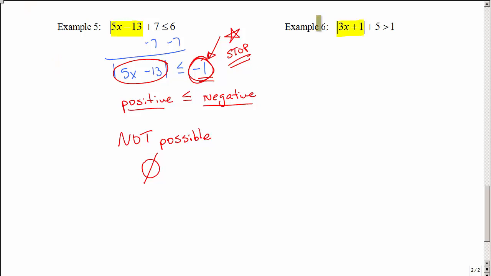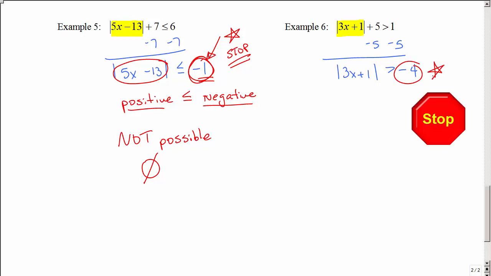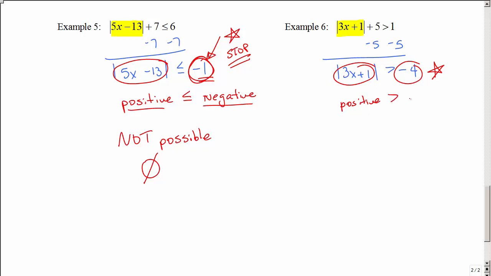Again, I need to isolate that absolute value. So I need to subtract 5 again. And my warnings go up, but you can't just say, oh, it's no solution because it's negative. Look at that symbol. This is greater than. So this is something positive. Remember, absolute value is always something positive.